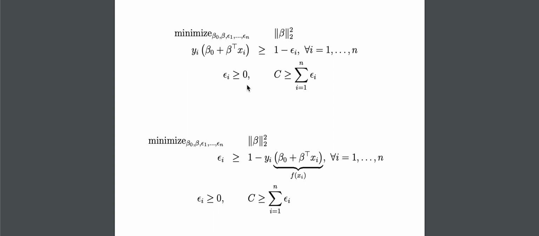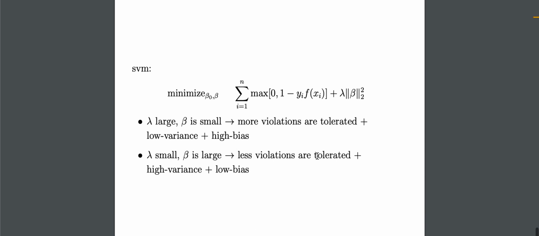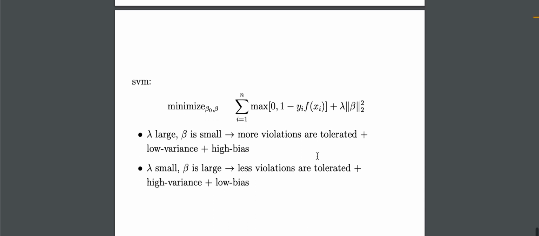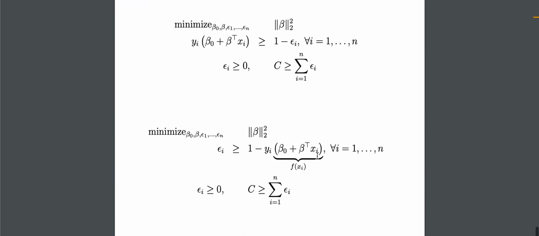So this is the problem we're trying to solve. And with a little bit of math, we can show that this optimization problem is the same as this. Essentially, we just take this epsilon i to the other side and take this to this side. And this is our f(x). This function is what we call our f. And if we do a little bit more math, so this is a constraint optimization problem.